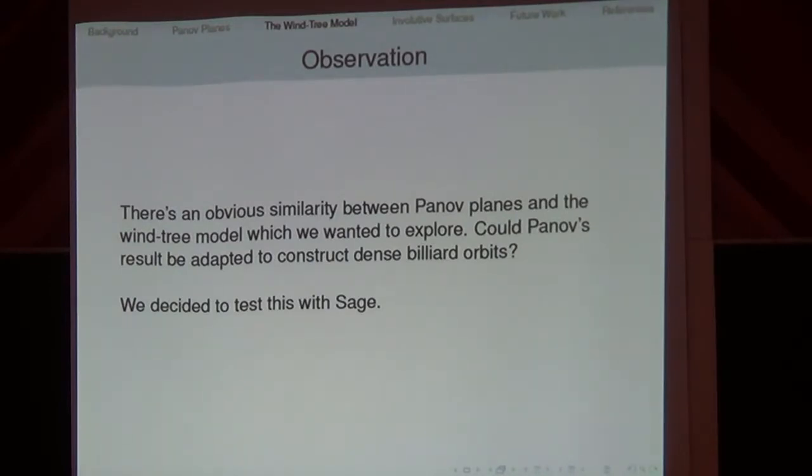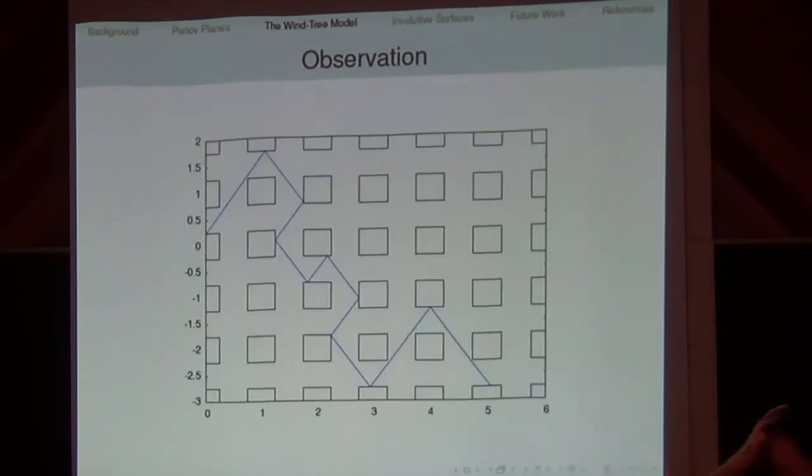So we decided to test this idea with SAGE. So we ran some experiments. In the series of pictures I'm about to show you, the obstacles have the exact same size as the obstacles in the previous picture where we have this dense trajectory in the Panov plane. And the billiard starts in the same direction as that geodesic. So this is the first 10 reflections of the billiard in the corresponding wind tree model.